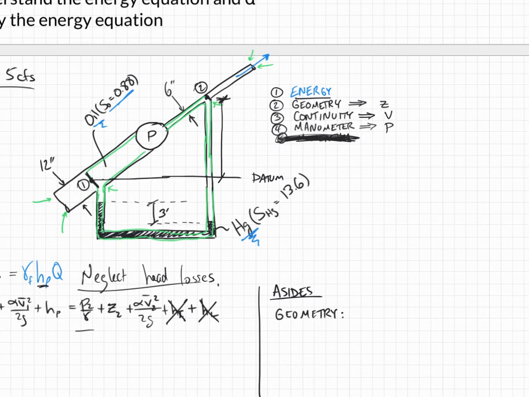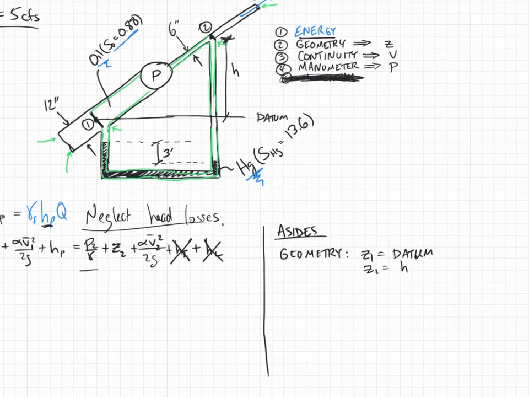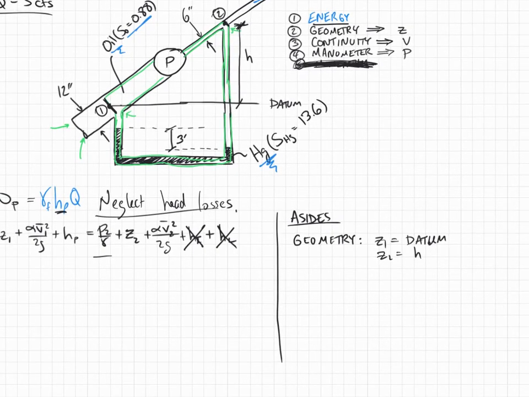So I can make Z1 equal the datum, and then make Z2 equal to, let's just call it h. Why not? A lot of you are resistant to do that, but you can call things things. That's what algebra is all about. So I'm just going to call that lowercase h. Now we're done with our elevations. We are ready to roll.